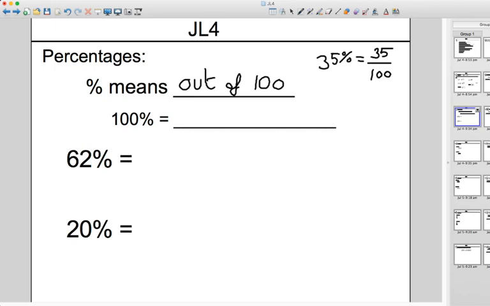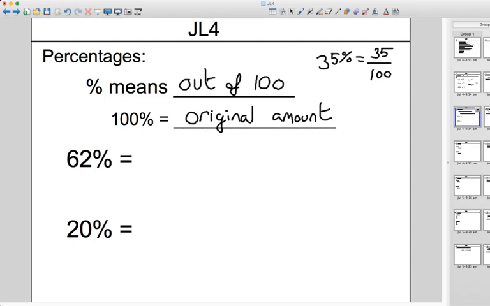It's important to know that 100% is the original amount. So those are the two things you need to know about percentages. Percent means out of 100, and 100% is the original amount.